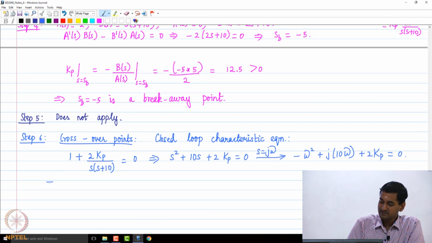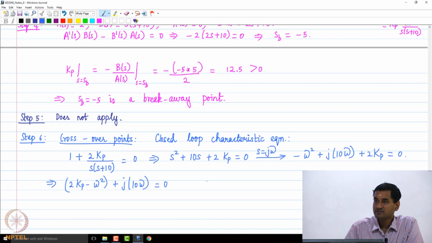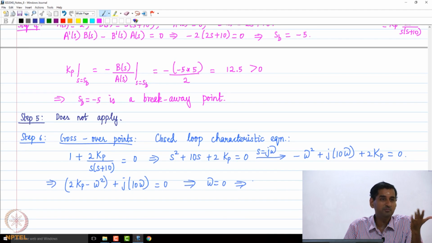So this gives us (2Kp - ω²), that's the real part, plus j10ω equals 0, right? This immediately implies that from the imaginary part, ω = 0 is the only possibility, that means the origin. But we already know that the open loop pole is at the origin.